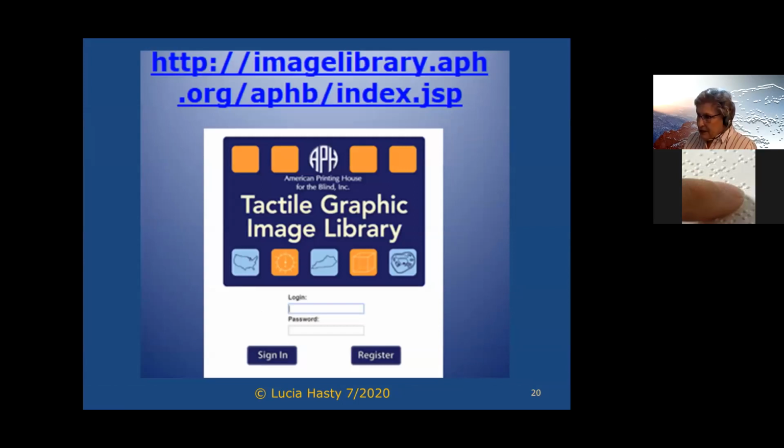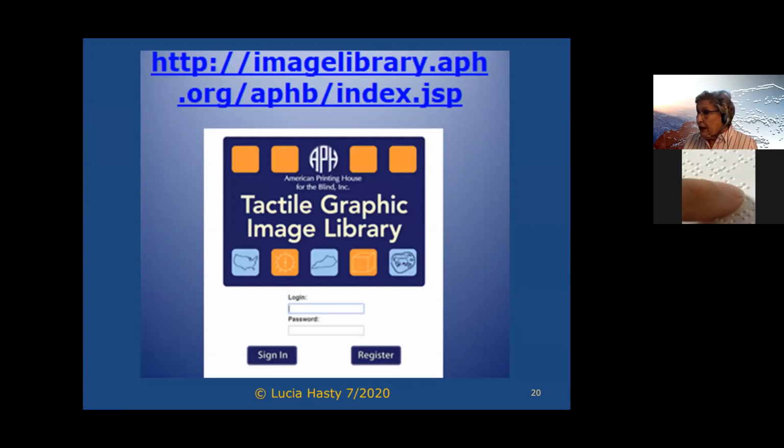Another good place to get diagrams that you can download quickly is online. You can print them and then puff them if you have a capsule paper system, like a Piaf or a swell form machine or the old tactile image enhancers. If you have an embosser, that will emboss your graphics.